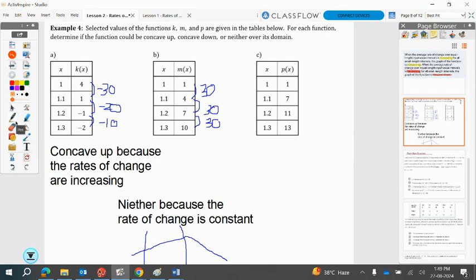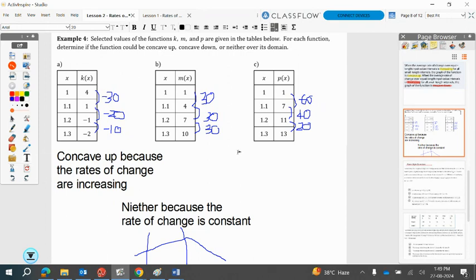The last one. So just checking here, we're going up by 0.1 each time. This one goes up by 6, so that one's going to give us 60. This one goes up by 4, that one's going to give us 40. And this one goes up by 2. So that one's going to give us 20. So this function here, or this sequence, we don't know if it's a function.